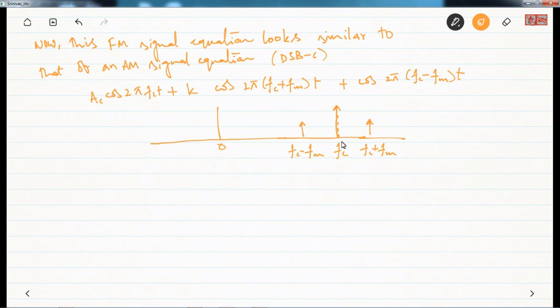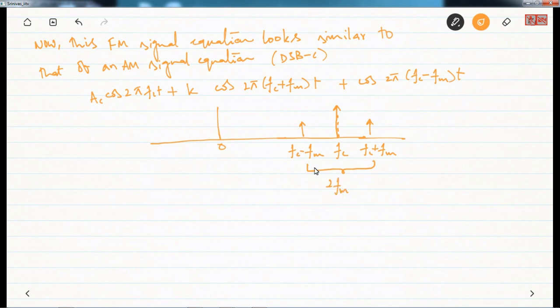So this is the double sideband with carrier signal. You have the carrier, you have FC plus FM, which is the upper sideband, when the modulating signal is only a single sinusoid, and you have FC minus FM. So the total bandwidth of this spectrum is 2 FM, right?